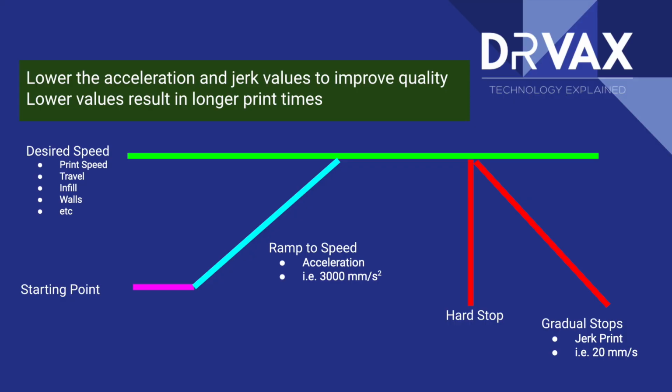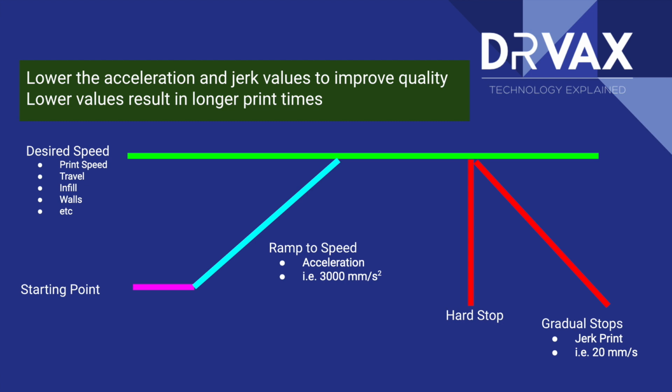Likewise, when you come to the end of a movement and you're going to move the printhead for a travel or other activities, you have to stop. If you come to a hard stop, your print will bounce around again. So you want to ease that stop. How do you ease that stop? You start slowing down the print before the point you need to stop. That is the jerk control or jerk print setting.